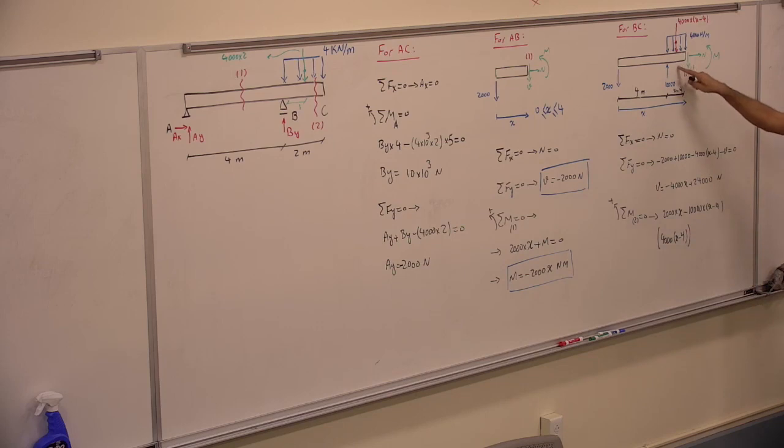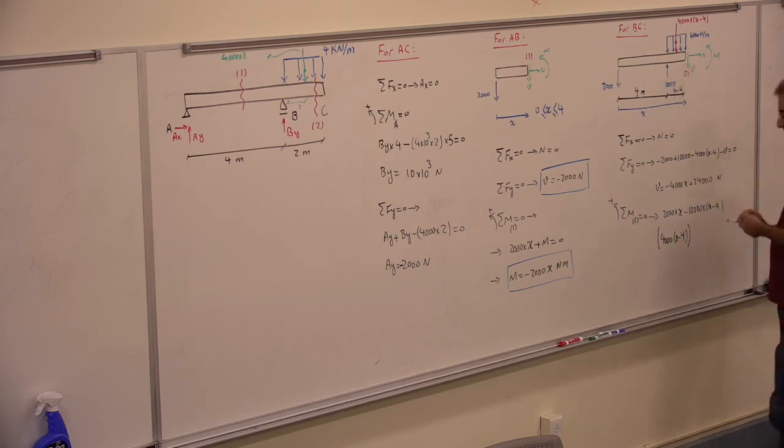How much is that distance? Also, x minus 4. This distance? x minus 4 divided by 2.